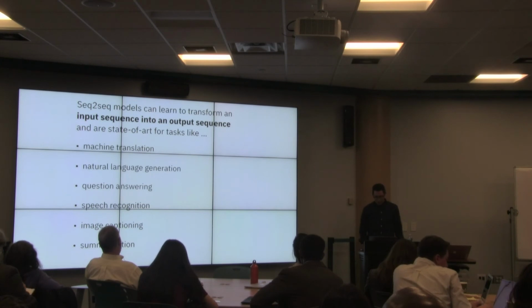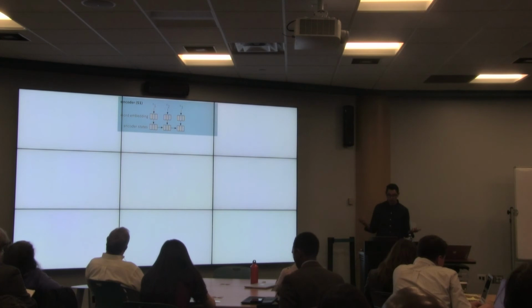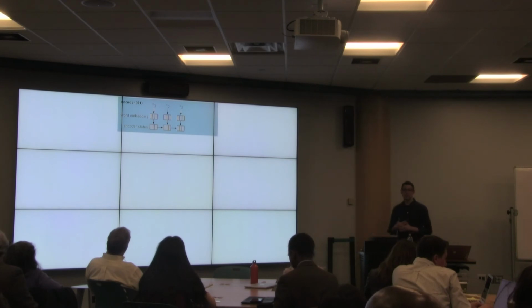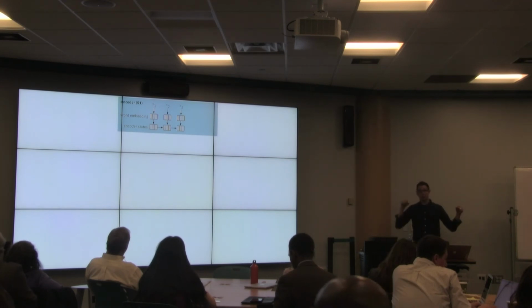I don't have much time to go into how a sequence-to-sequence model works, but I hope I convince you of one thing with this slide: it's really complex and a lot of things can go wrong in different places. You can think of it as a 5-stage process. First, you have an encoder that takes the input. We'll deal with the context of machine translation, going from one language to another.